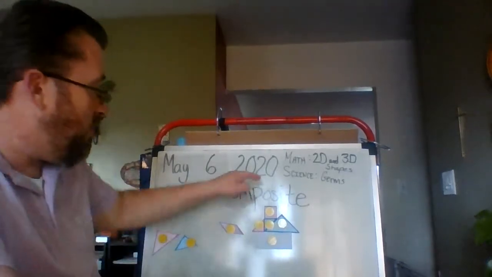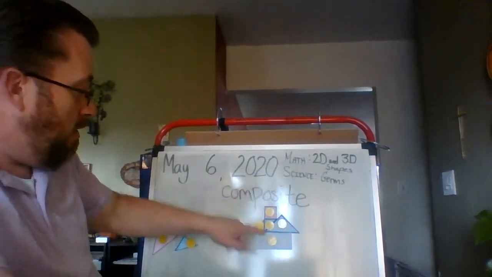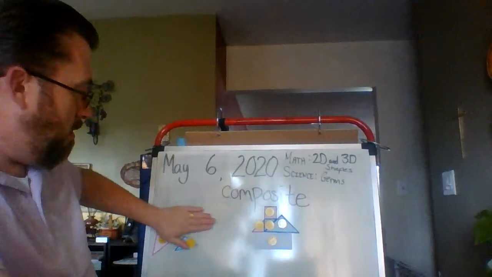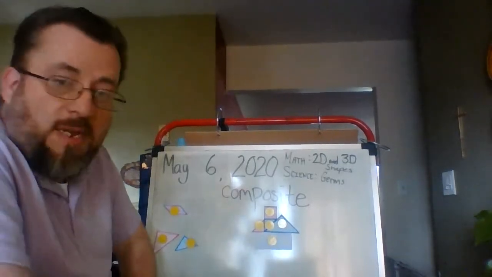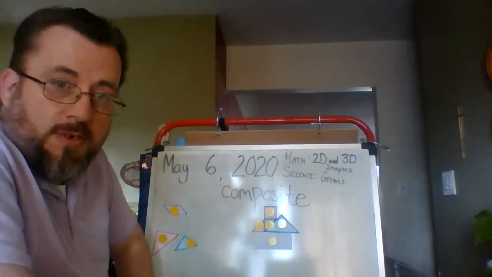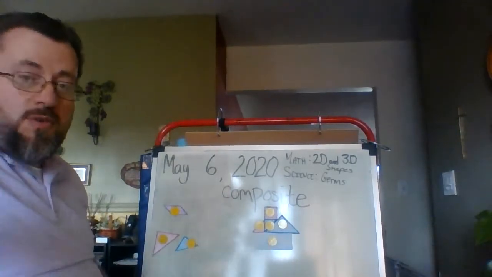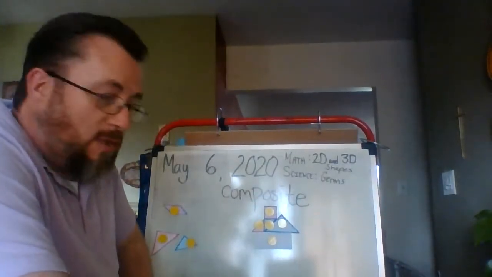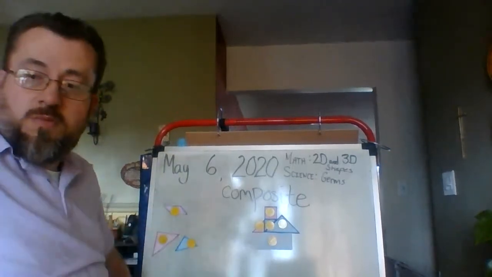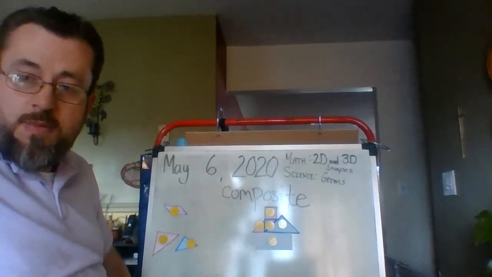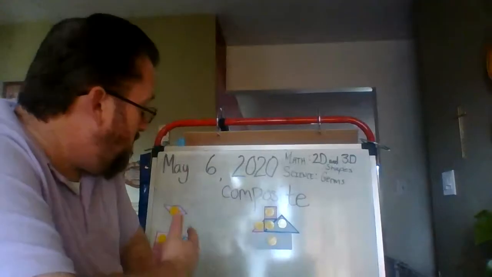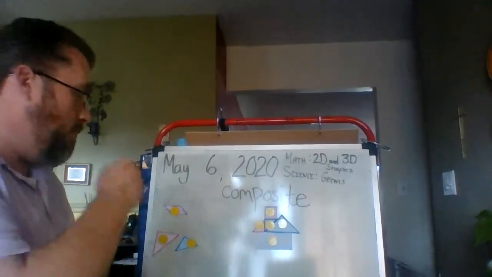My composite shape that I made from these pieces made a shape that looks like a house. You can experiment with these and try some of your own, see what you can make. I made a shape that looks like a building this time.